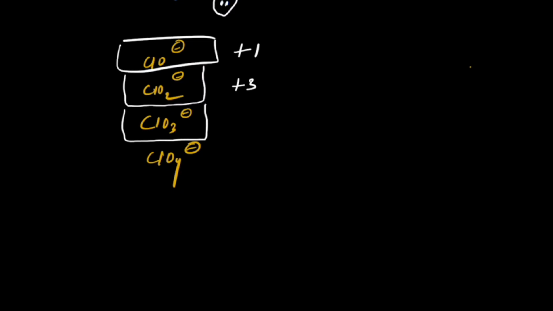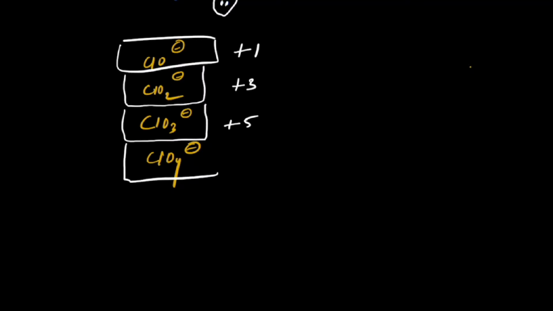Now next, here there are 3 oxygens. Oxygen whenever is attached to other atoms will hold oxidation state of -2. There are total 3 oxygens here. So total -6 charge oxygen holds, but overall charge is -1. So what you need to add here? +5. Only then you will get overall charge as -1.